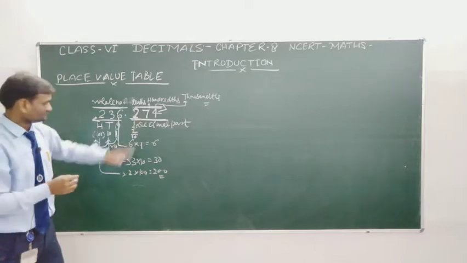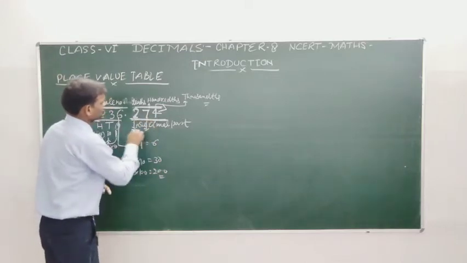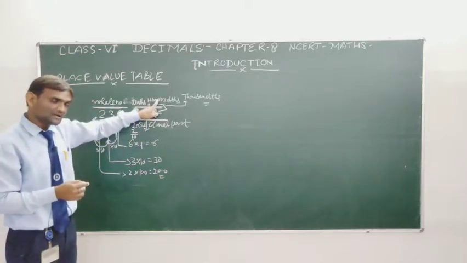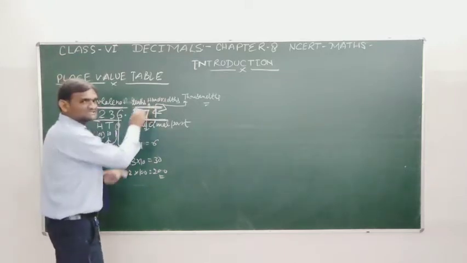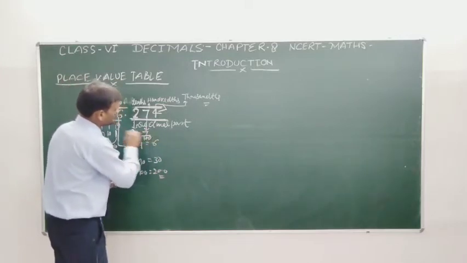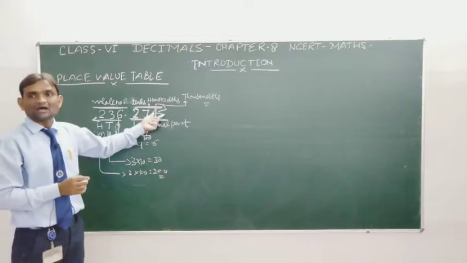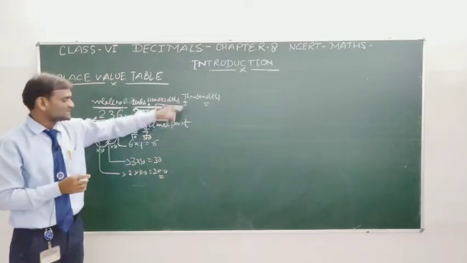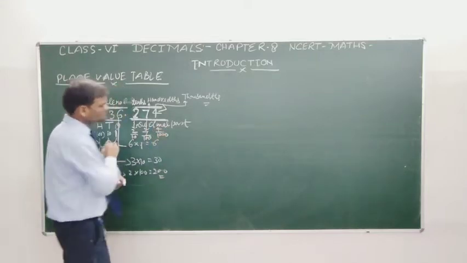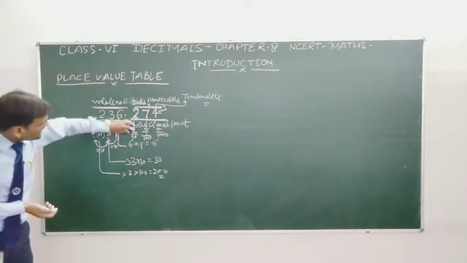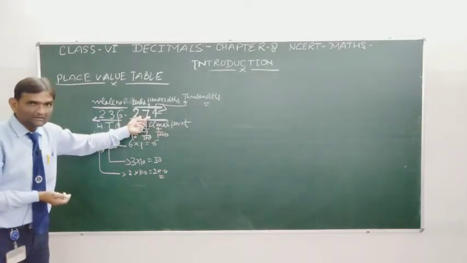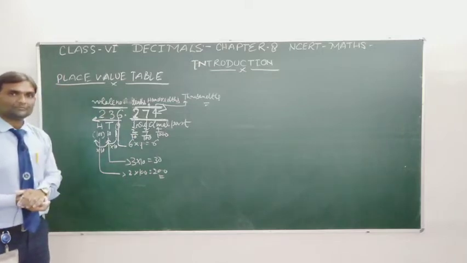And 7 is in the hundredths place, so this is called 7 hundredths, and 7 hundredths is written as 7 upon 100. 4 thousandths is written as 4 upon 1000. This is the place value of 2, 7 and 4.